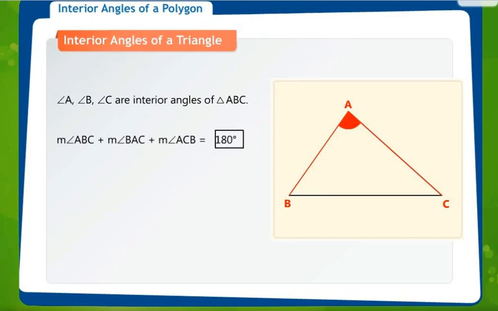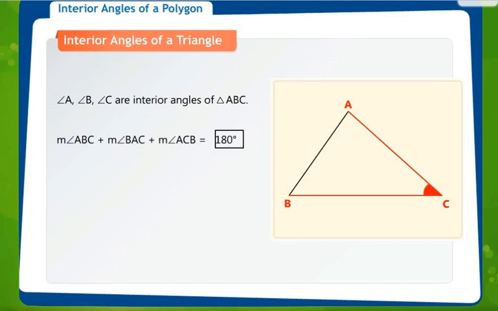You can see the center letter is A. That means angle A and angle BAC mean the same. But since we are writing three letters, we will write BAC. Angle ACB. The center vertex is C. So angle C or angle ACB, it means the same.